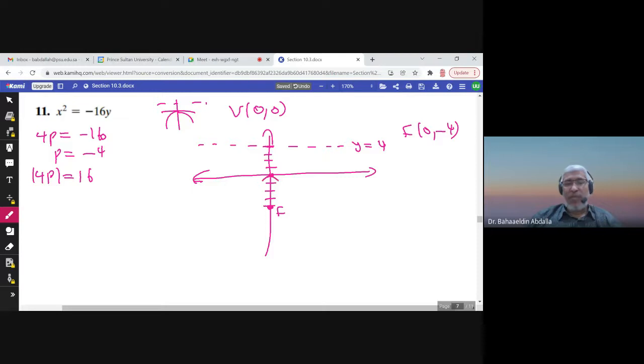The graph opens downwards. 16, the latus rectum, I go 8 units to the right and 8 units to the left. These are the endpoints of the latus rectum, and the graph of the parabola will be like this.